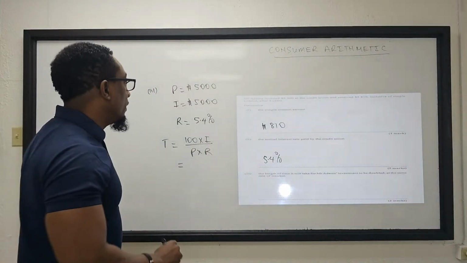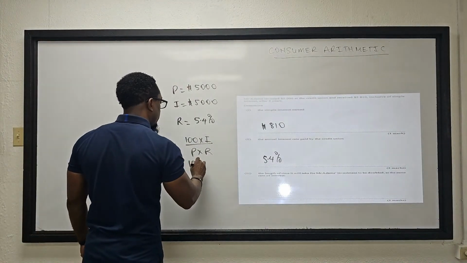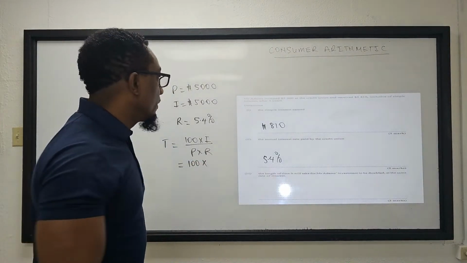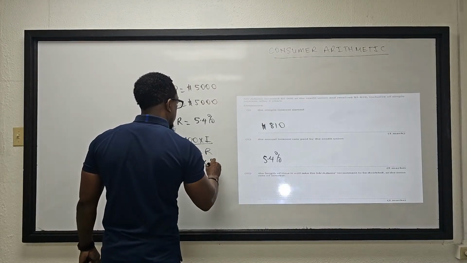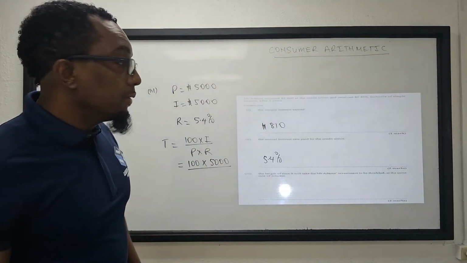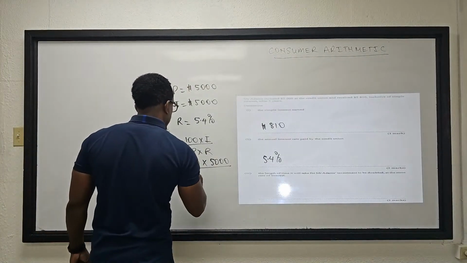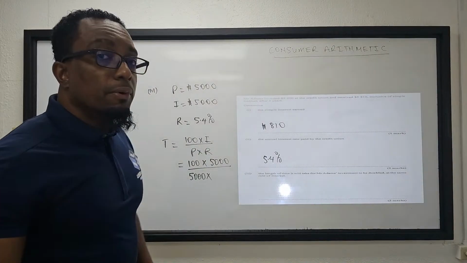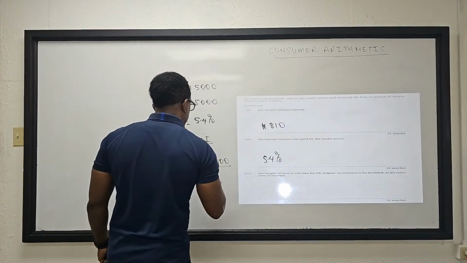So that will be 100 times the interest, which will be 5,000, over the principal, which is 5,000, times the rate, which is 5.4%.